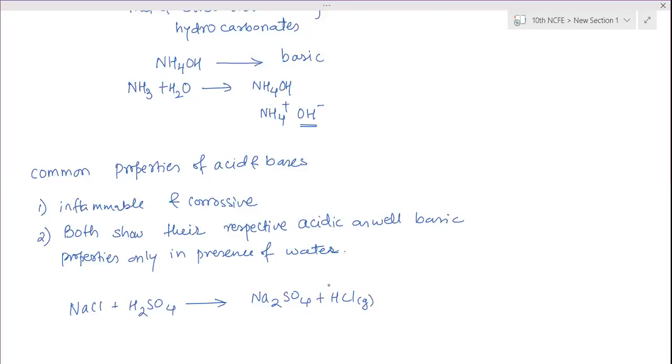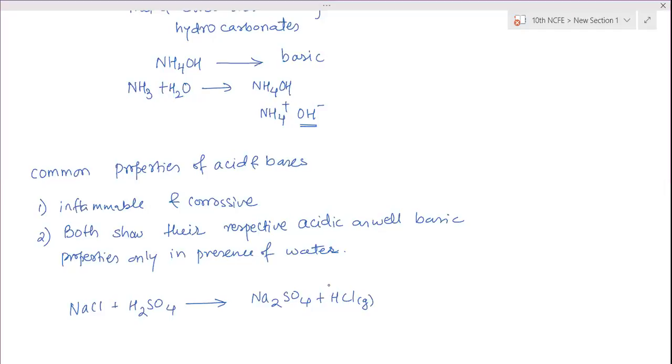Is it clear? So you need to mention that free H plus ions are responsible for acidic properties. When the litmus paper is dry and the HCl is also dry, the H plus ions are not free. But when HCl gas is tested with wet litmus paper, HCl dissolves and dissociates to form H plus ions.